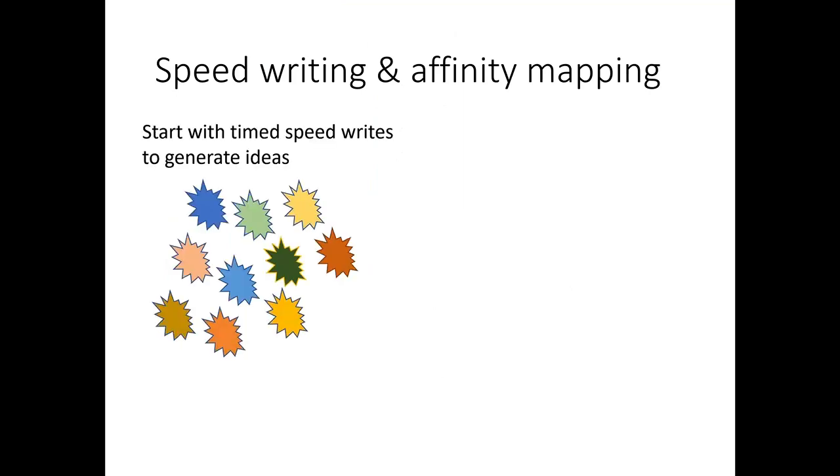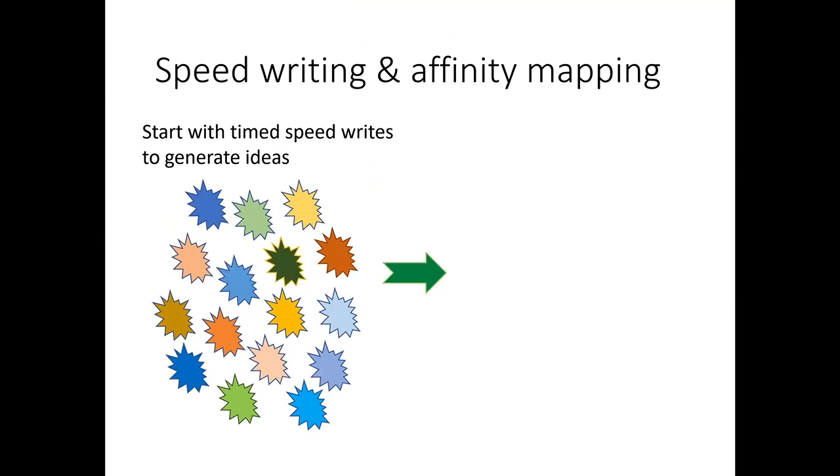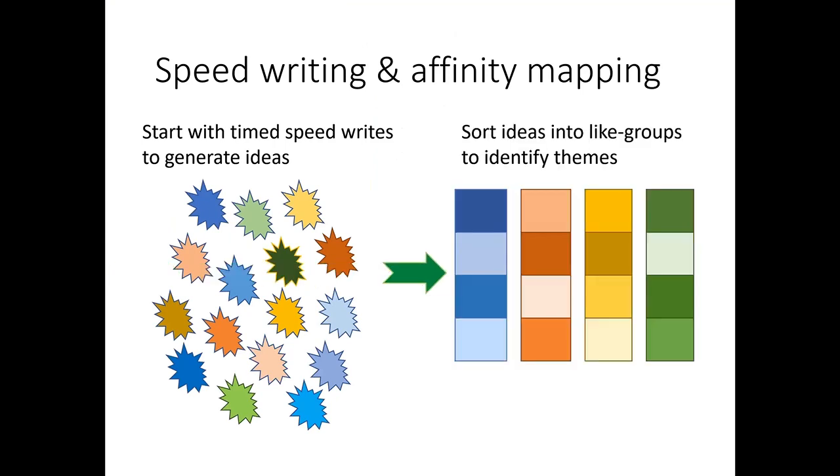So the idea about speed writing and affinity mapping is that you start with a timed write with a prompt question, and you spend as much time writing as fast as you possibly can to get as many ideas down on little pieces of paper as possible. After you've spent the first round doing that generative piece, the second round is to sort them into groups and look for themes.